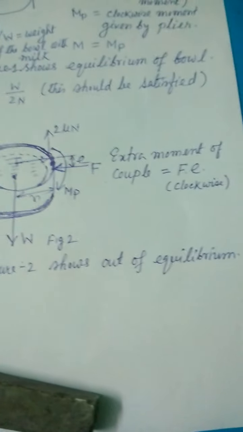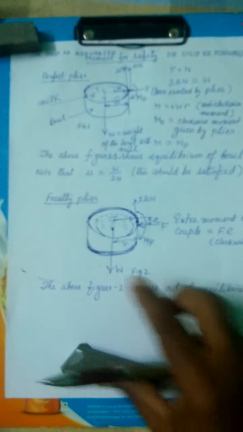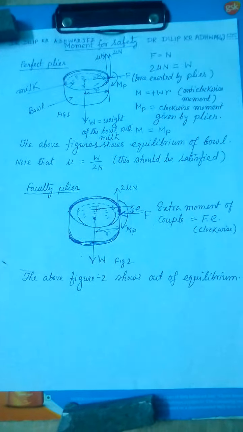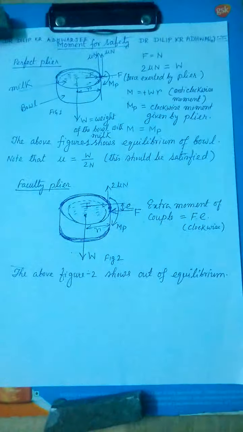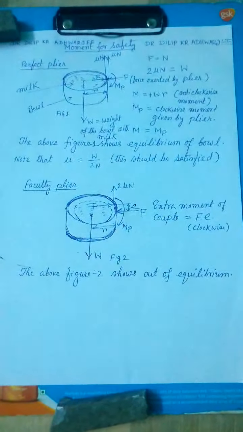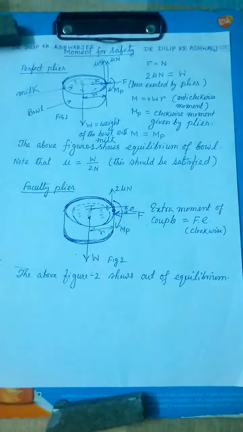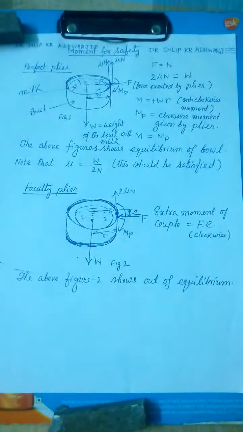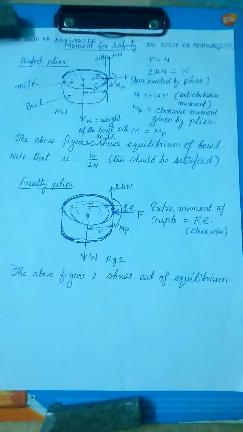So you understand that this is the mechanics of that bowl. If it is faulty, you make it correct. Go to the shop and make it correct by hammering and placing it together.